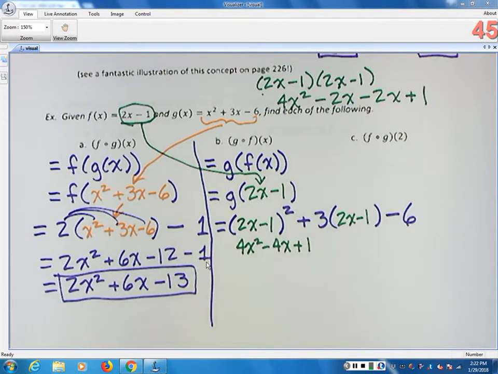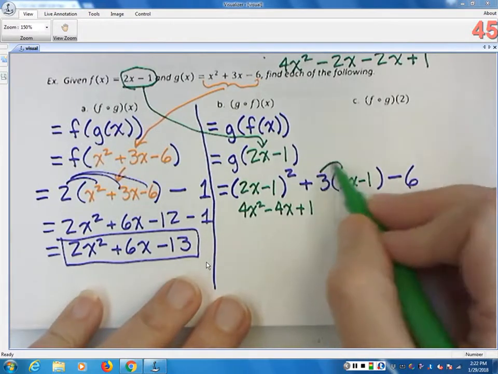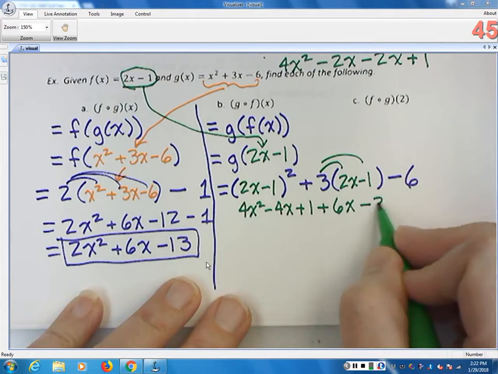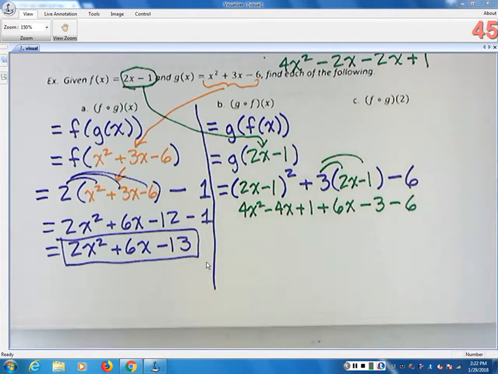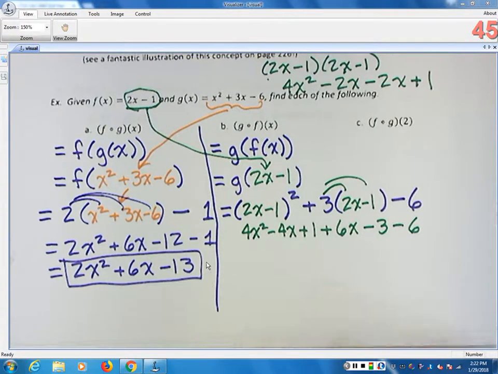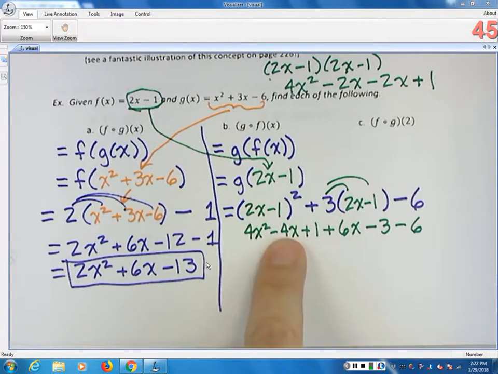Oh, okay. And then distribute the 3: plus 6x minus 3, and then subtract the 6. So if you already know what this is, you can write it down. Just don't forget your middle term. I just spoiled it up there for you. So now we're just going to combine our like terms.